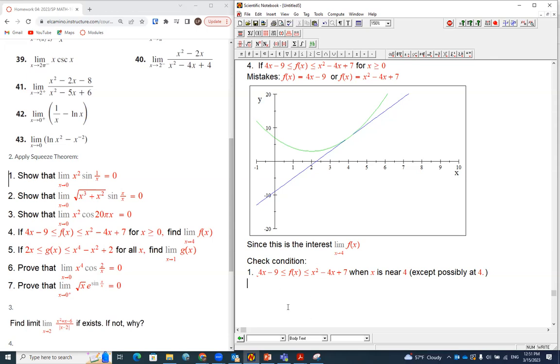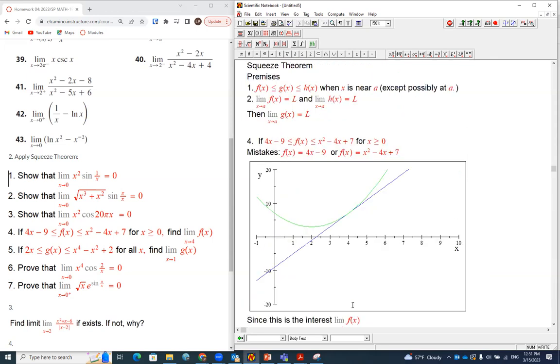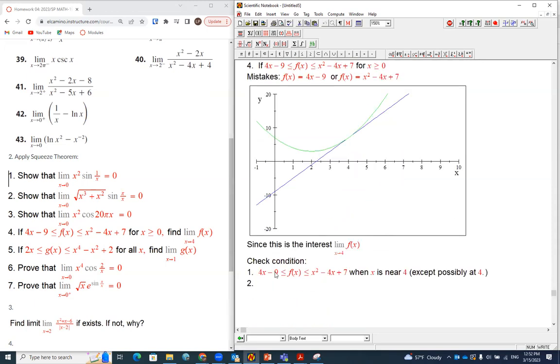Okay? Second condition. The second condition, we need to check the 3 conditions, i.e., we need to check the limit of the function, which is the blue, and we check the limit of the function above. So we have a function below, we have a function above. I think this will be easier to explain. So for F, right, I'm going to check the limit for when x is approaching 4.